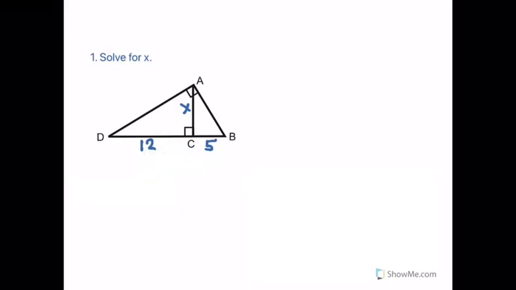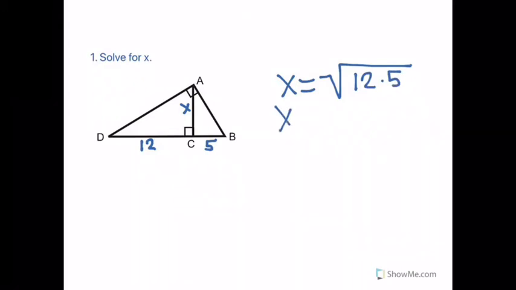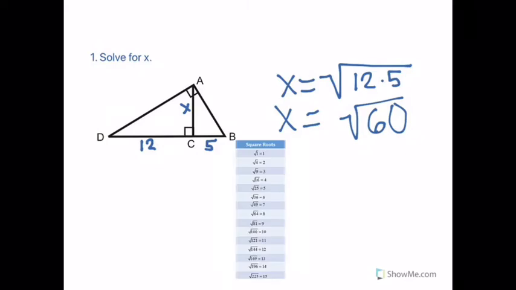So to solve for x, I simply find the geometric mean of 12 and 5. So x, my altitude, is going to equal the geometric mean, which I find by drawing a square root and multiplying those two segments together, 12 times 5. 12 times 5 is 60. 60 is not a perfect square, so I have to simplify that radical, recalling my perfect squares list.